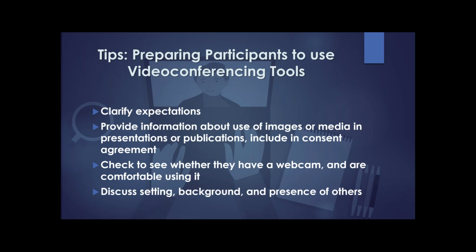Do you want to see the person on camera? What if they turn off the camera? Is that okay or not? Do you want to see the setting they're in, or does that not matter to you? What is it that you want? So besides the typical things of when and where and all of that, drill down as much as you can and let them know what it is that you want.